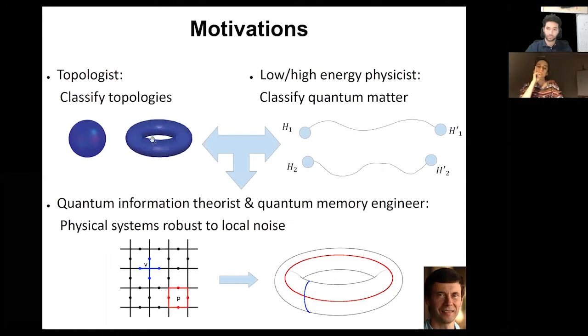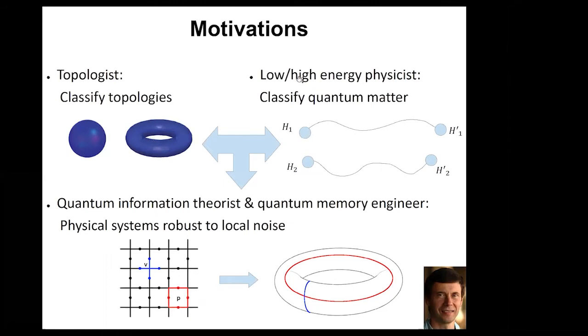And in physics, in condensed matter or high energy physics, one of the main problems is to classify quantum phases of matter, where you can formulate the problem as follows.